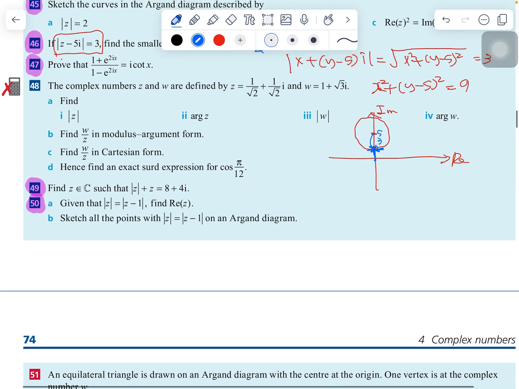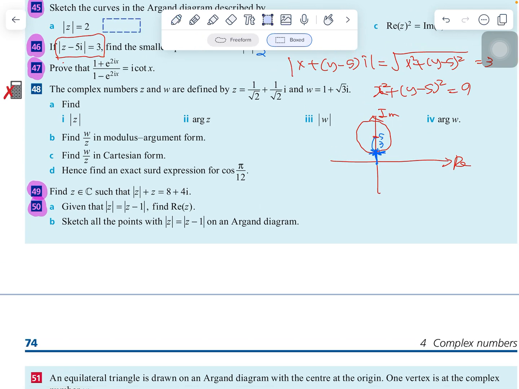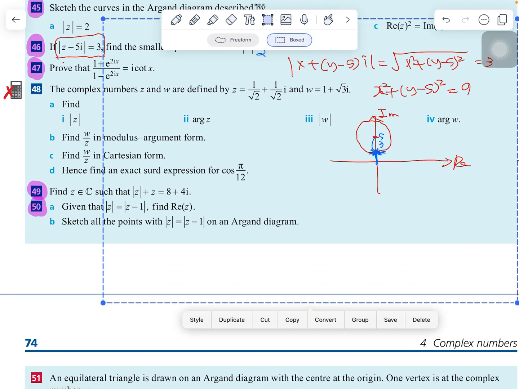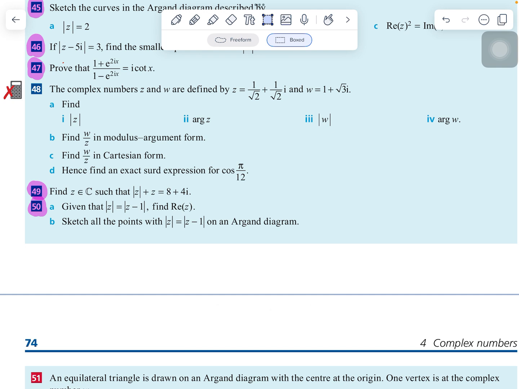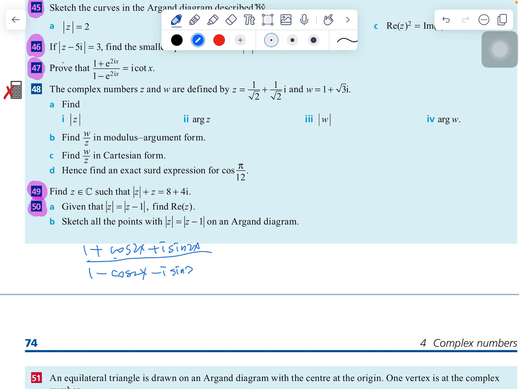47, proof. Let's go. This is, I guess, about trigonometry identity. 1 plus cos 2x plus i sine 2x over 1 minus cos 2x minus i sine 2x.